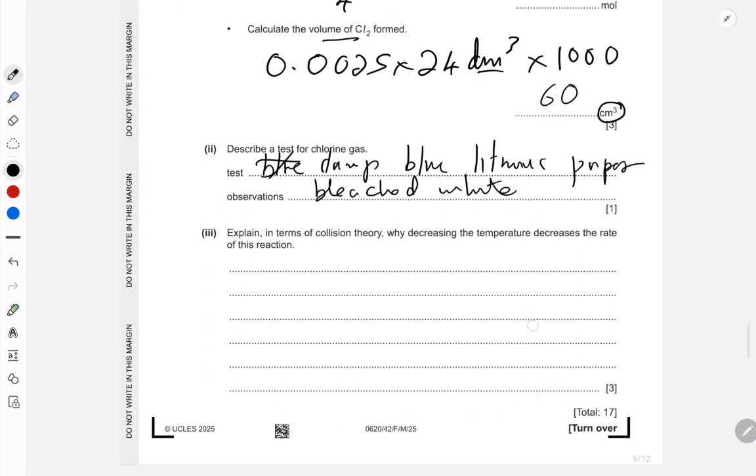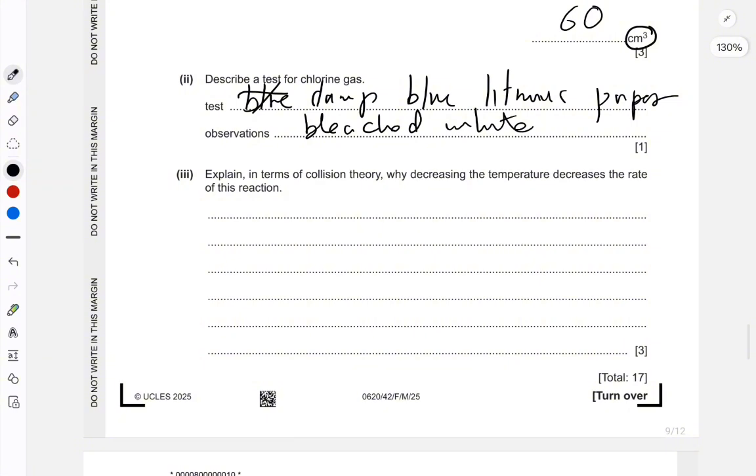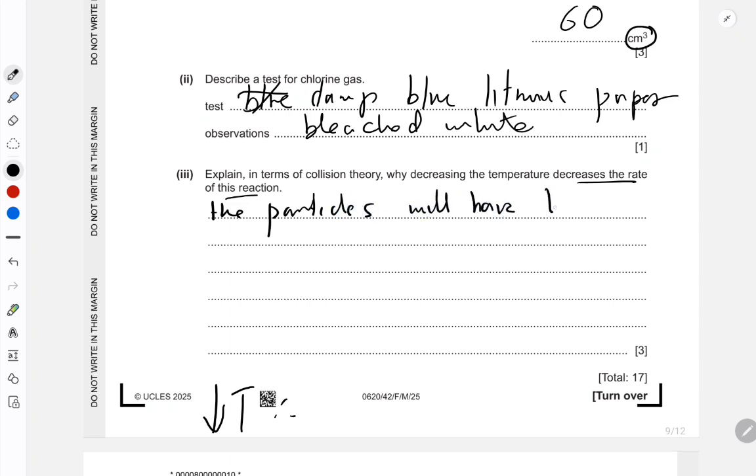Okay, next, explain in terms of collision theory why decreasing the temperature decreases the rate of reaction. Okay, when you decrease the temperature, what will happen? First you start with the particles will have less kinetic energy. You say the whole thing, class.